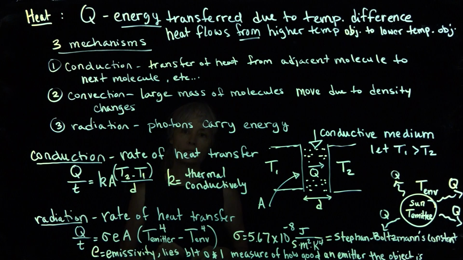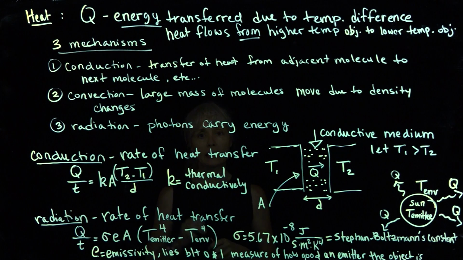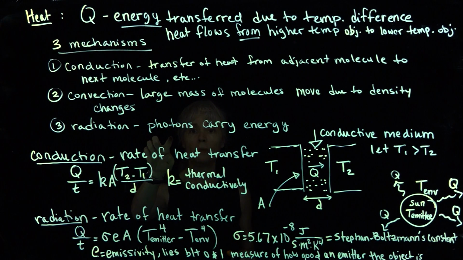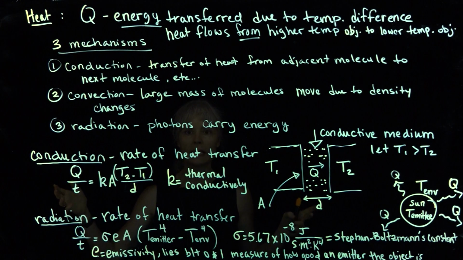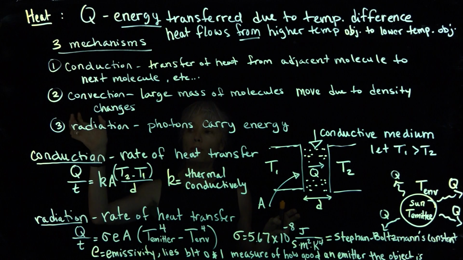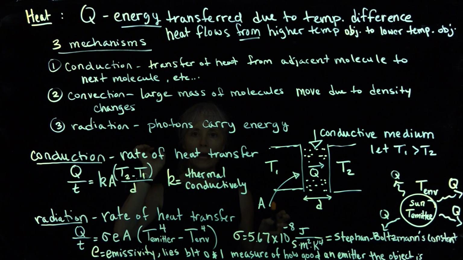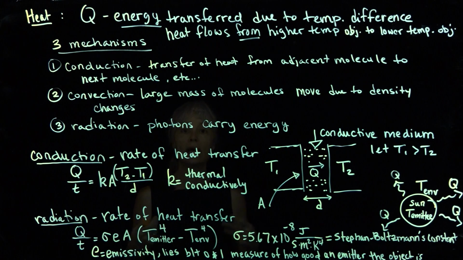Radiation is the last mechanism for heat transfer, and this radiation has to do with the electromagnetic spectrum, the fundamental unit being the photon. The electromagnetic spectrum is enormous, and it encompasses a lot of different areas called radio waves, microwaves, ultraviolet radiation, infrared radiation, visible radiation, gamma radiation, X-ray radiation.